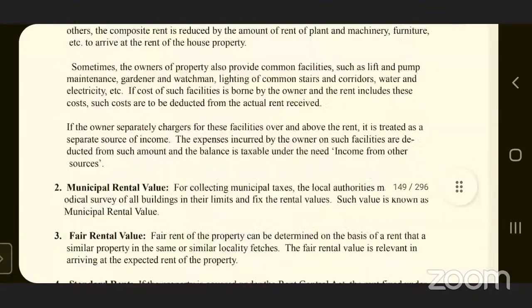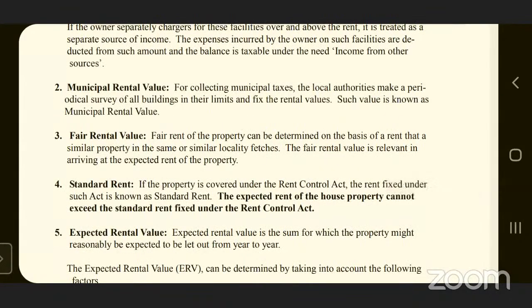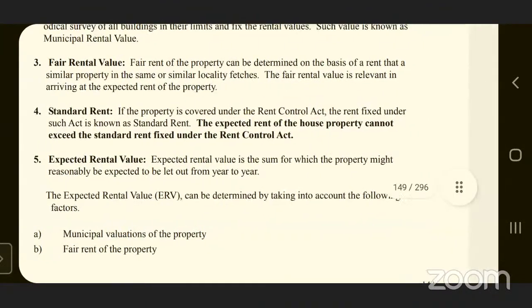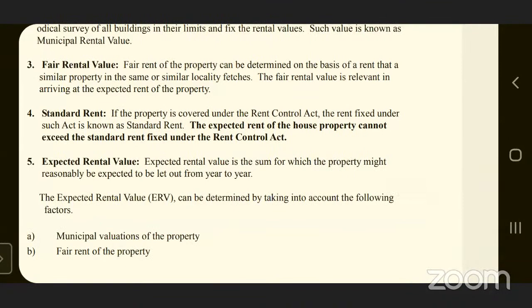Next one is standard rent. What is the term actually? If any property comes under the purview of the Rent Control Act, usually metropolitan cities like Delhi, Bombay, Chennai, Calcutta, which come under the purview of the Rent Control Act.